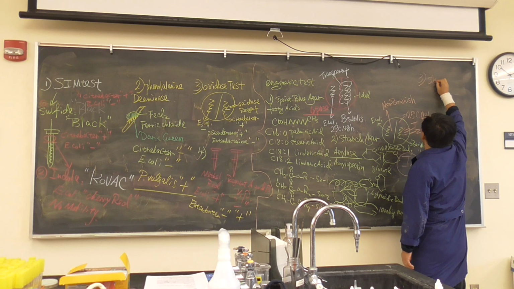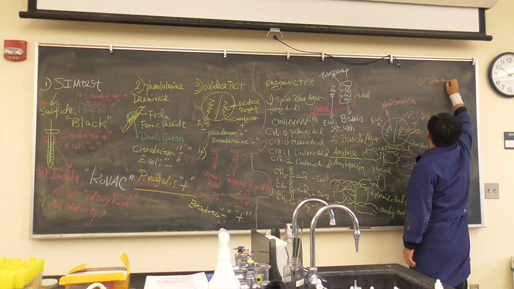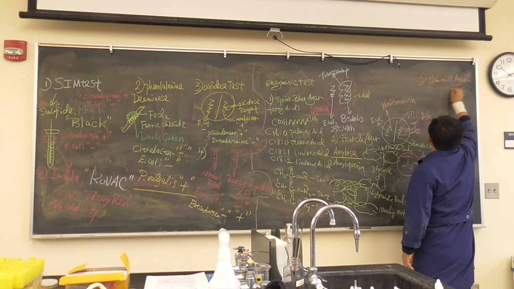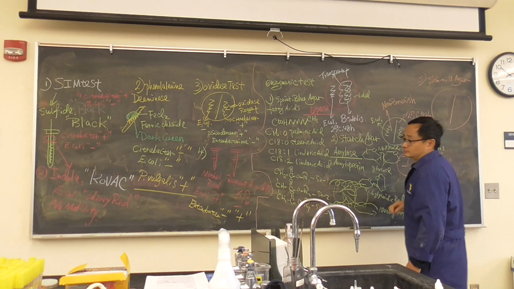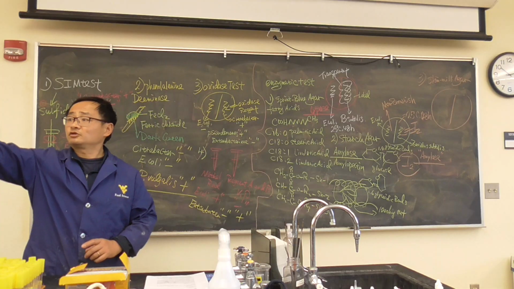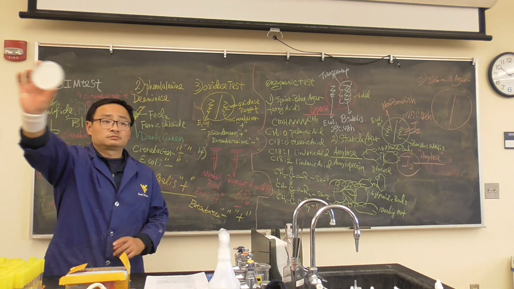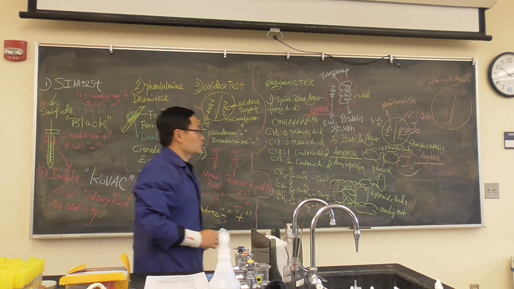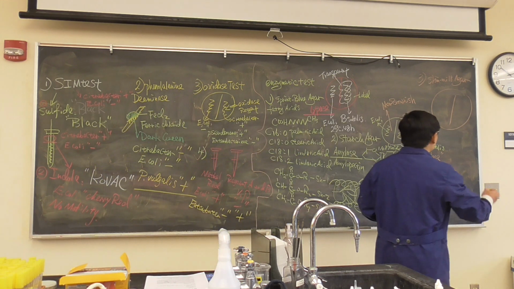Last one. We have a skim milk agar. Okay, same thing. But skim milk agar looks very milky, looks like this. And you can see the difference. So it's easy to do.